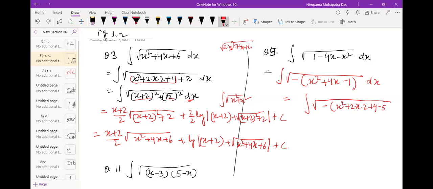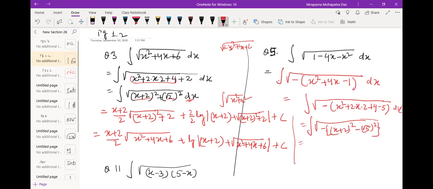So here you are getting integral of minus of, it is x plus 2 whole square minus 5, dx. Okay, square of this is root 5.